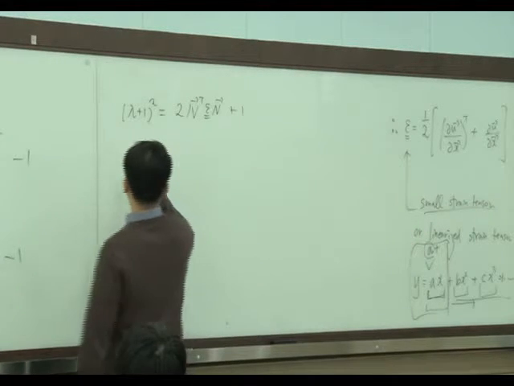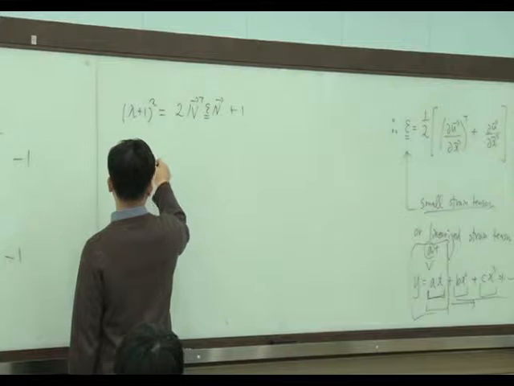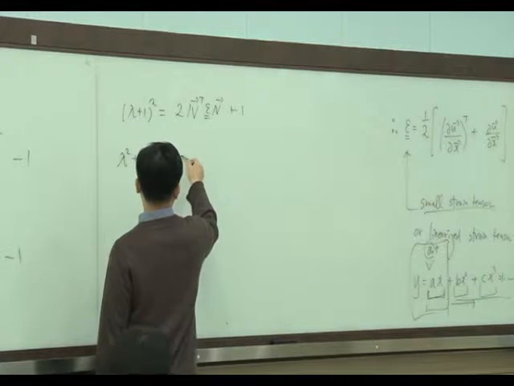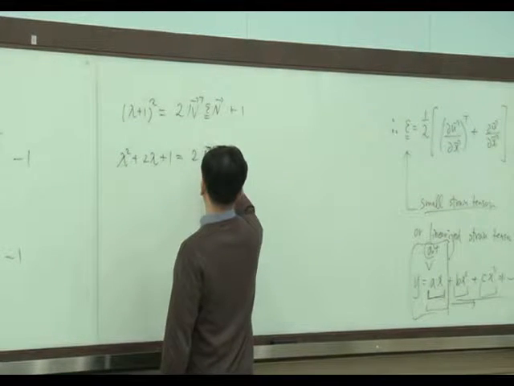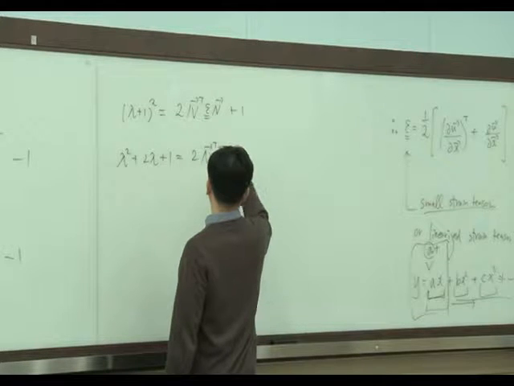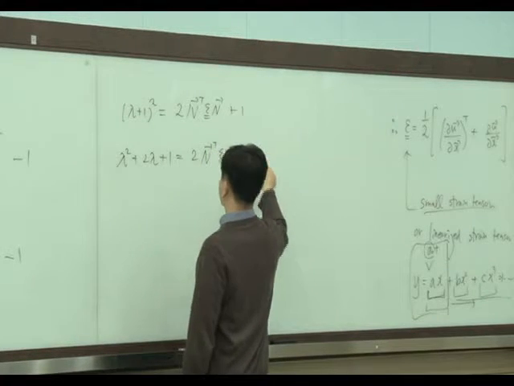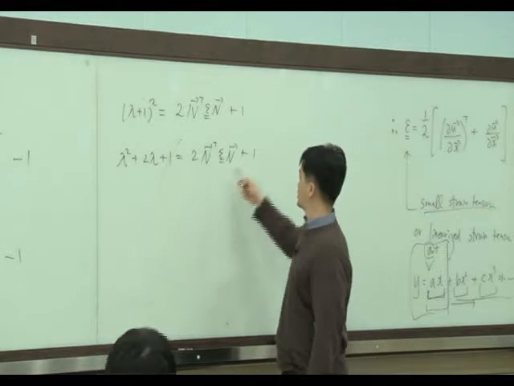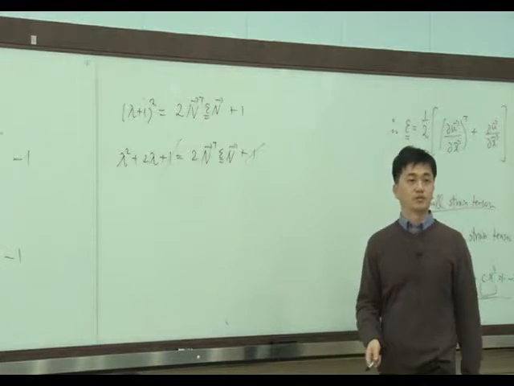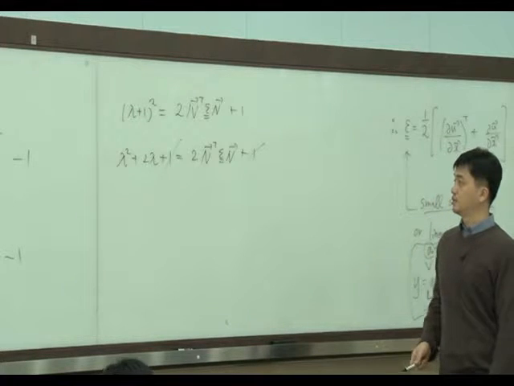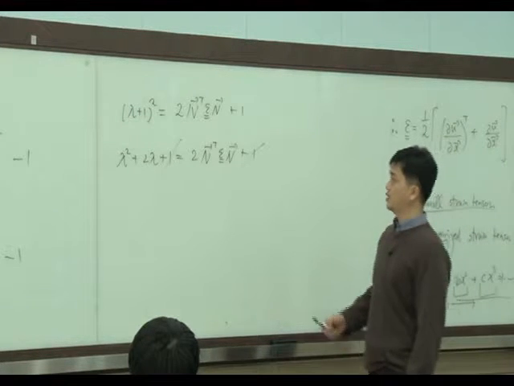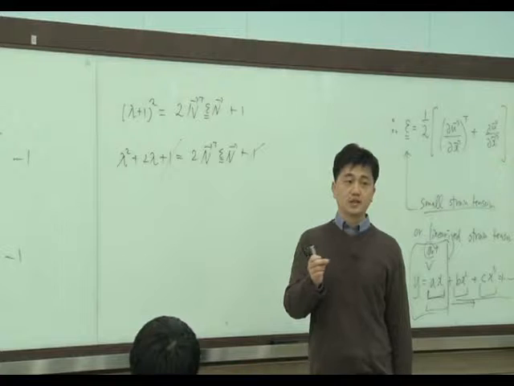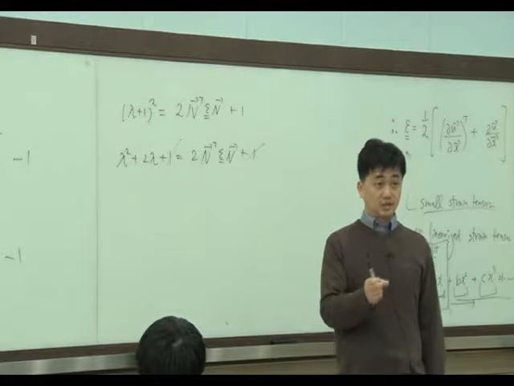Then lambda squared plus 2 lambda plus 1 equals 2n transpose n plus 1. So in left hand side and right hand side, we can remove the 1. And lambda is a change of length, right?